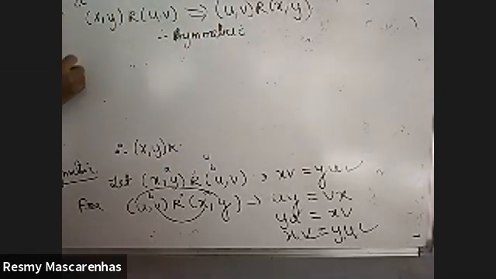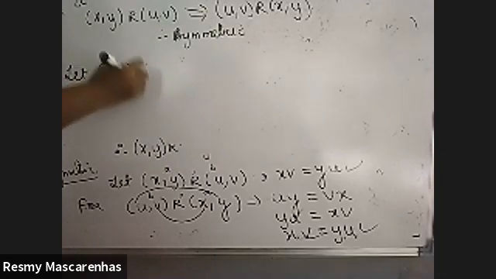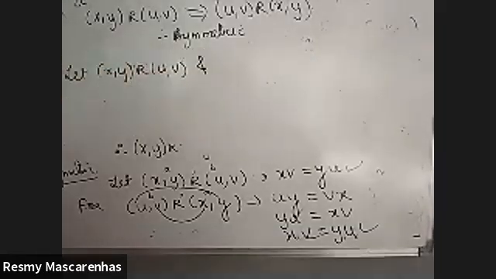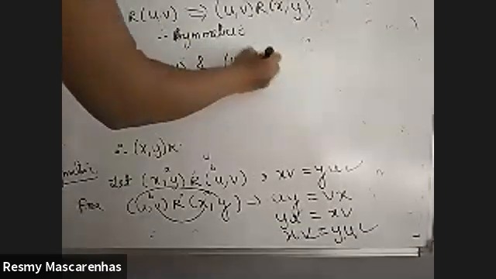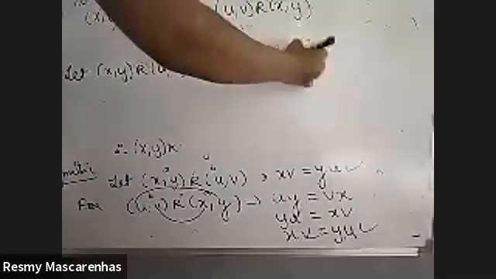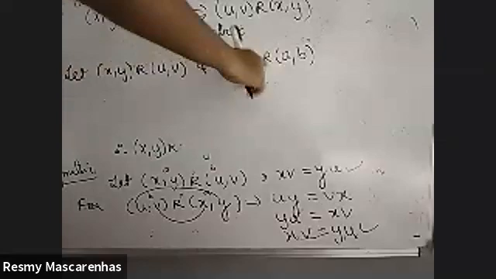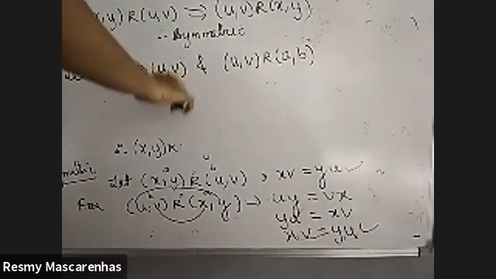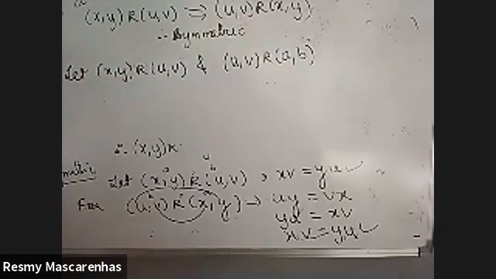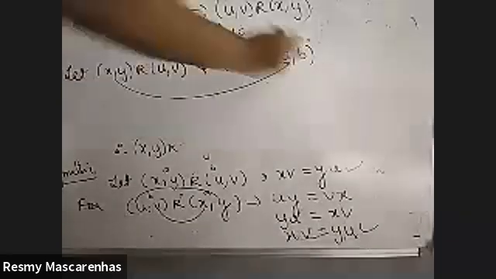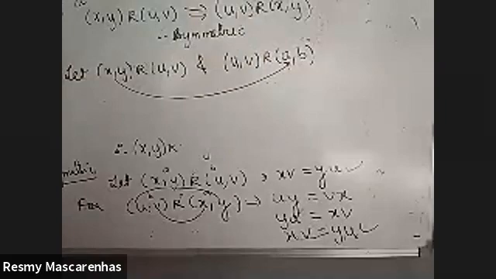This is already the first one, and (u, v) are some new letters I'll have to introduce. I'll use (a, b). This is like first pair, second pair, and this is the third pair. So if first and second, second and third, then you have to prove that it is holding true for first and third.